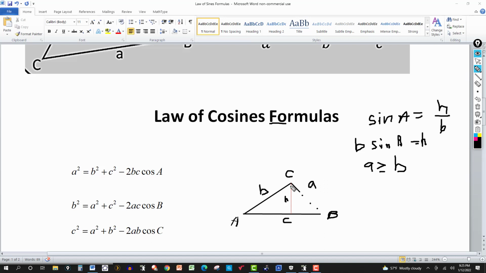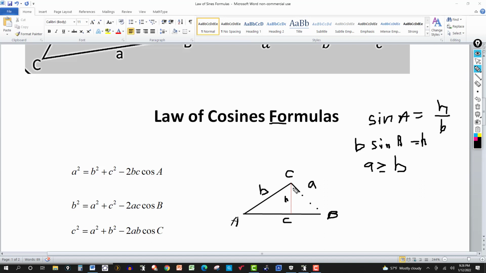If a is equal to the length of the altitude, you have one triangle possible, and that would be a right triangle. Now, if it turns out that a is greater than the altitude, but less than b, then you have two triangles possible.